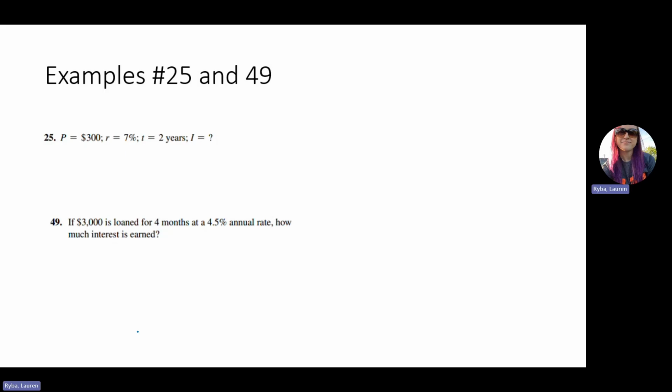Starting easy, they tell us P is $300, R is 7%, T is 2 years. What is I? So if interest equals principal times rate times time, all I'm going to do is fill in my values. I is the one I am looking for. Principal is 300.